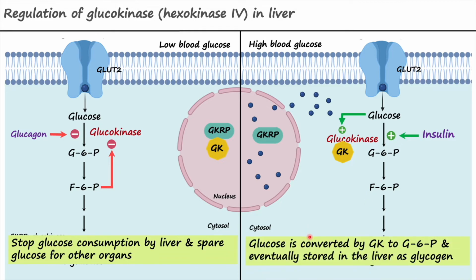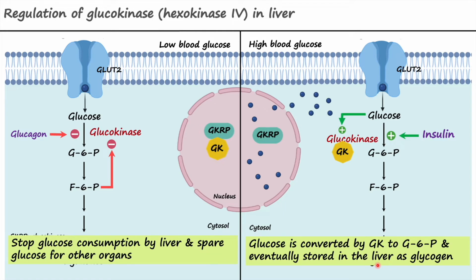So in that case, glucose 6-phosphate can be diverted into the glycogen synthesis pathway in the liver. That means glucose can be stored as glycogen in the liver, and this glycogen can then be broken down into glucose when there is a need for energy. So depending on the nutrient status of the cell, glycogen can be broken down into glucose, and then glucose can be used to synthesize ATP.